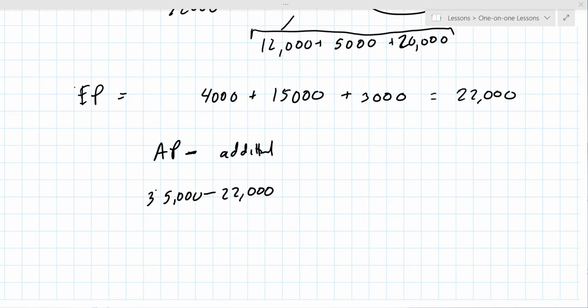I thought it was like MP is less than MR. Let's see if I can find this.